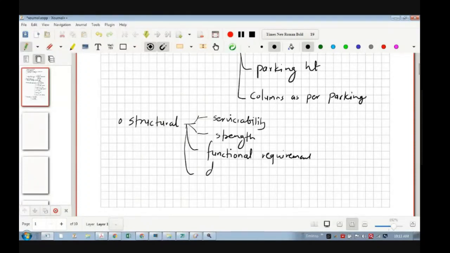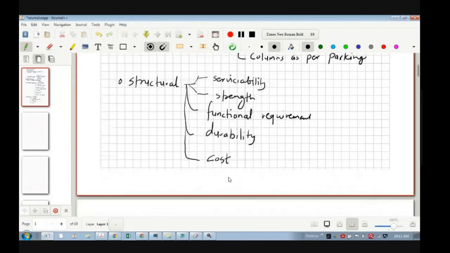Then durability. Anything else? Cost. So these are important points which we consider structurally also. And then there is maybe lateral load resistance, maybe earthquake or wind load.